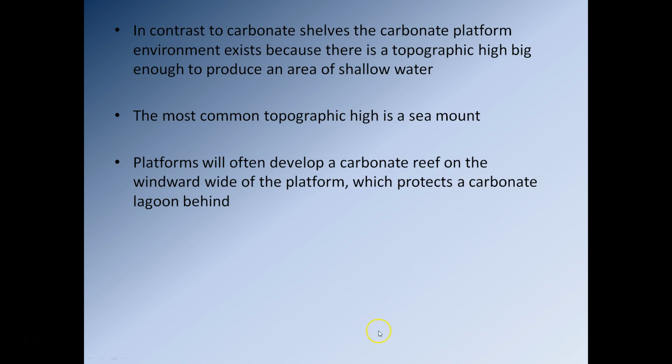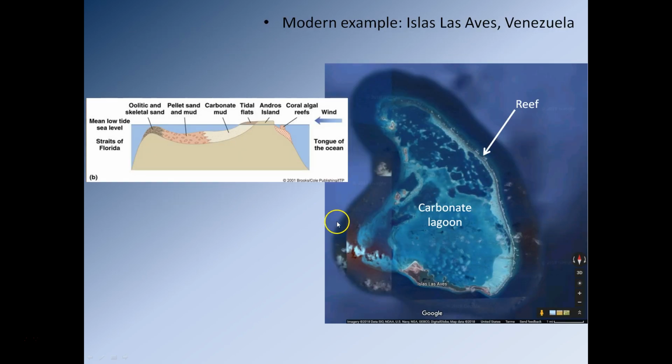So these platforms will often develop a carbonate reef on the windward side of the platform, and that reef will protect a carbonate lagoon behind. Here's an example that's found just off the northern coast of Venezuela, and you can see the reef coming around here, protecting the carbonate lagoon directly behind.